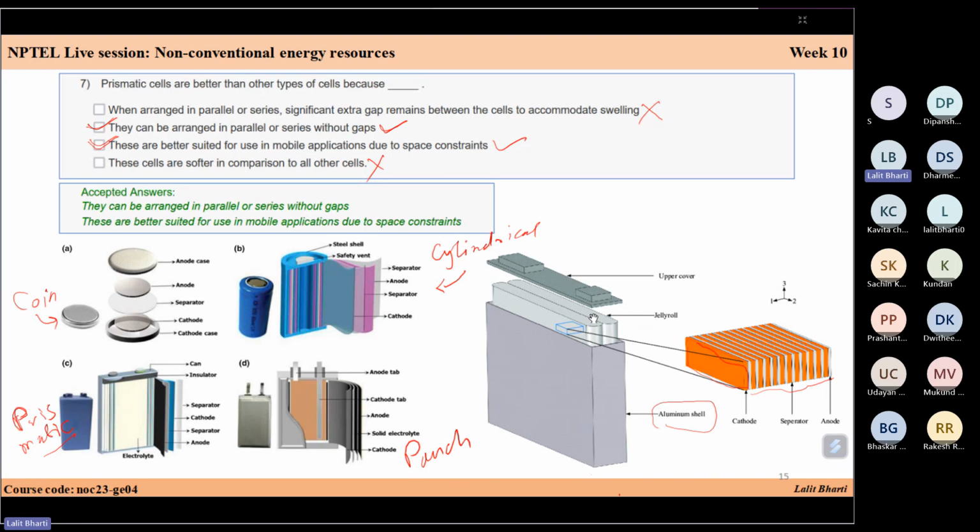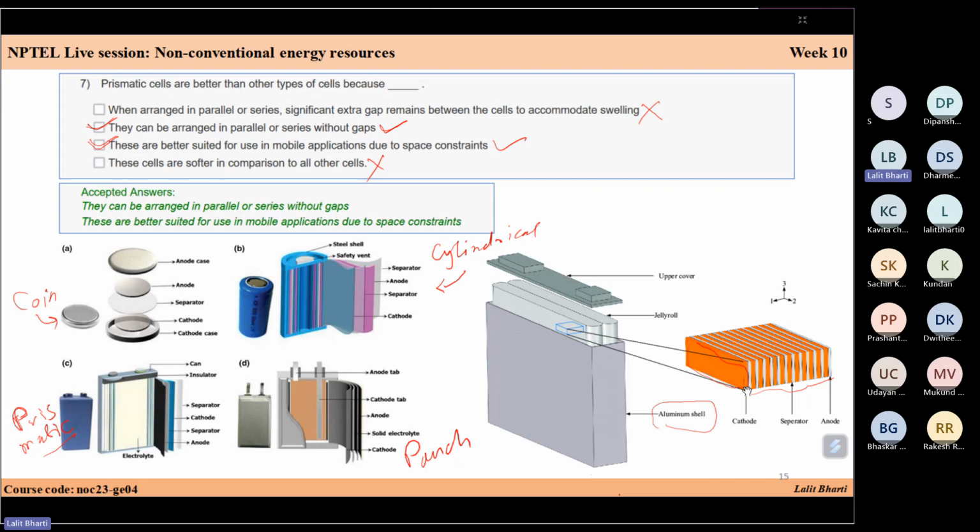You can see here, basically you have an aluminum shell outside, then multiple layers of cathode and anode, so multiple batteries, then it is sealed in an aluminum shell. So the advantage is you have very minimal gaps. These are very highly dense, so they can be used where you have a space constraint.